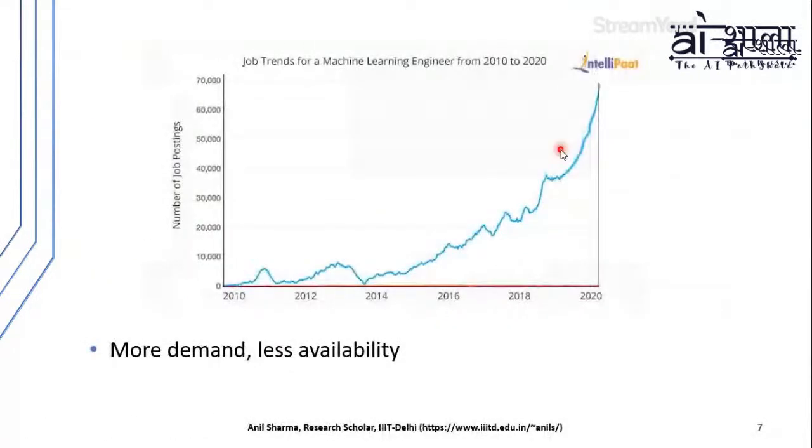Why this is happening is because of the demand and the low availability of the skills. If you see this trend, this is a survey from Intellipaat. What they have shown is the number of job postings for machine learning related jobs. These are going exponentially high, and we don't have that much trained workforce, so people are seeing more demand than the availability of these skills.